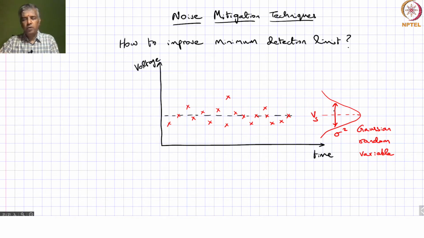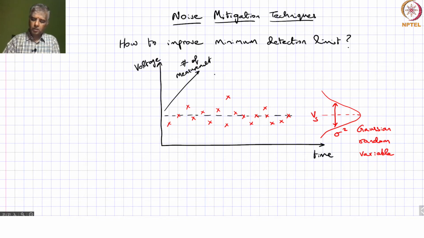So one way of potentially doing that is to do multiple sets of measurements. You could do one set of measurement like this, and this is actually the number of measurement. So you could essentially do one more measurement.